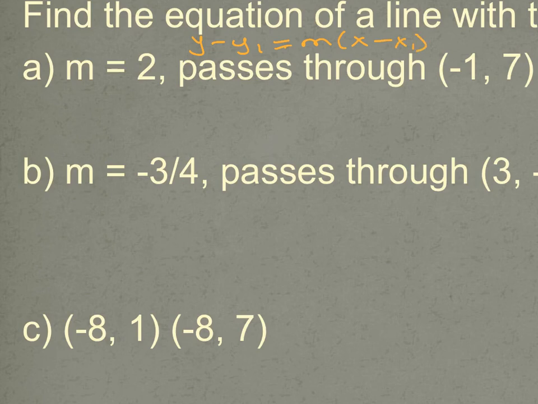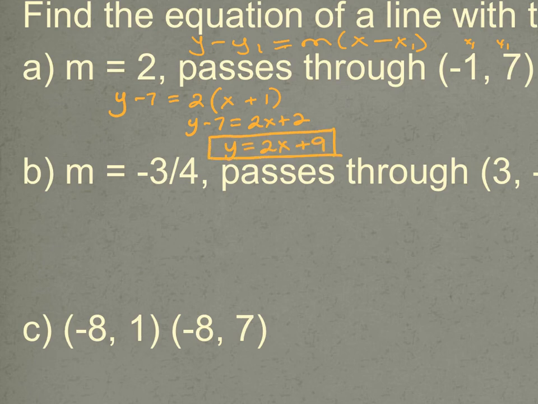So the y stays the y. This is your x1, this is your y1. y1 is 7. The m is 2. The x stays as x. The x1 is -1, so minus a -1 becomes +1. Distribute the 2, move the 7 by adding it, and I get my equation in slope-intercept form.